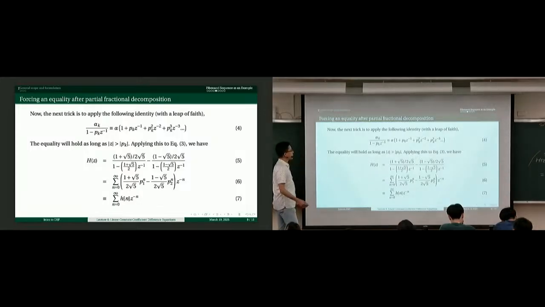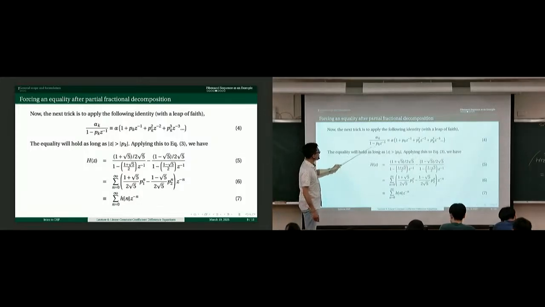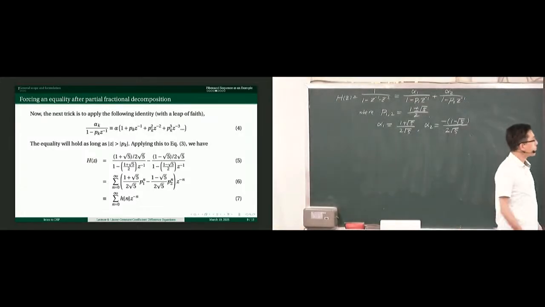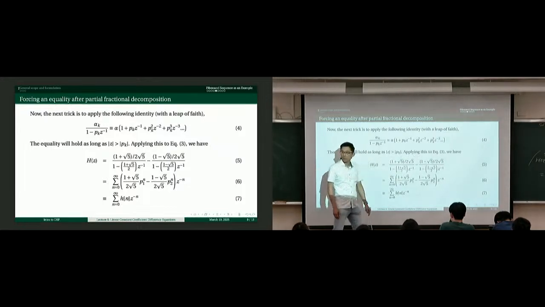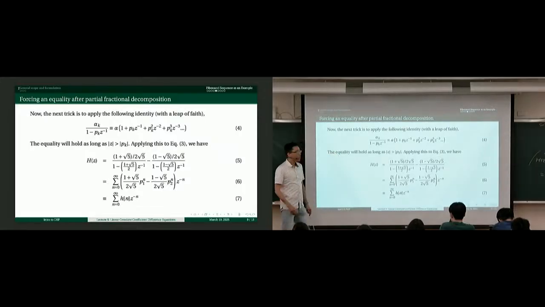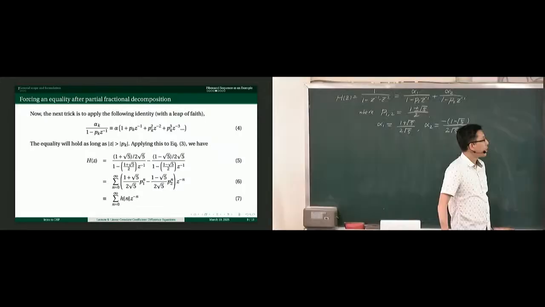So this is my suggestion. Rewrite this term into a power series. Please note that in this power series, the coefficients showing up are pk, pk squared, pk third power, and so on. Why could this be true?